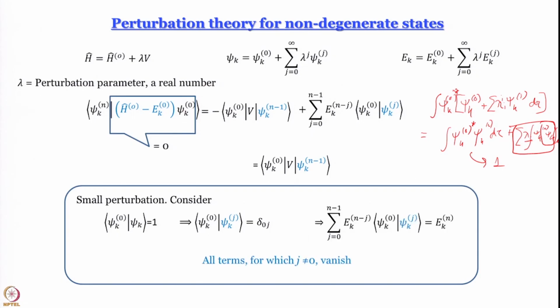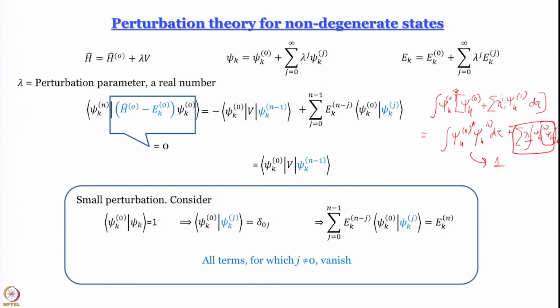That is great, because in that case in this summation only one term will survive, the term for which j is equal to 0, everything else is going to vanish. So, for the term when j equal to 0, what happens? This integral is 1, and here we put 0, you get E k nth, and everything else vanishes, you get E k nth.